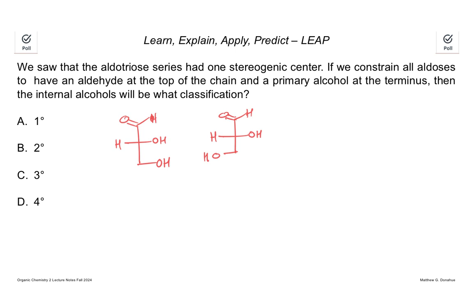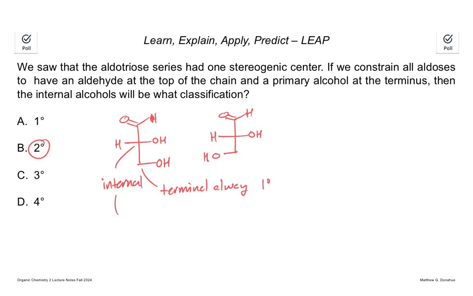It says if we constrain all aldoses to having an aldehyde at the top and the primary alcohol at the bottom, the internal alcohols are all secondary. So this is internal. And again, the last one is the terminal, so that's always primary.